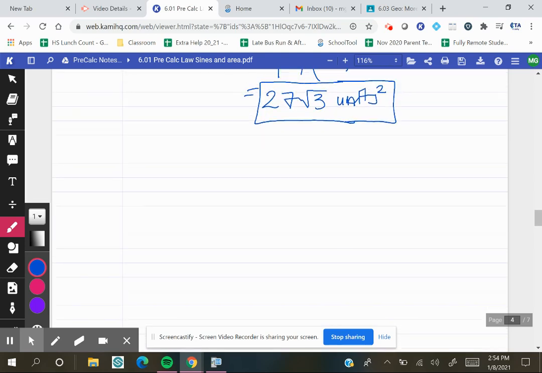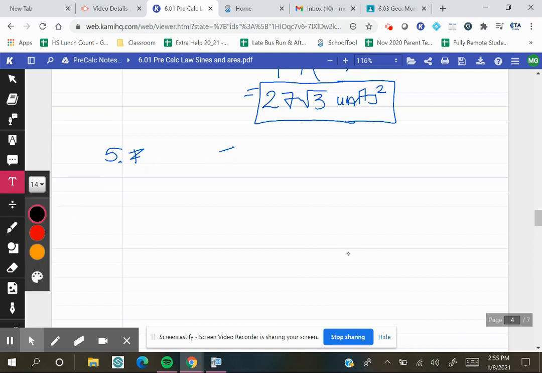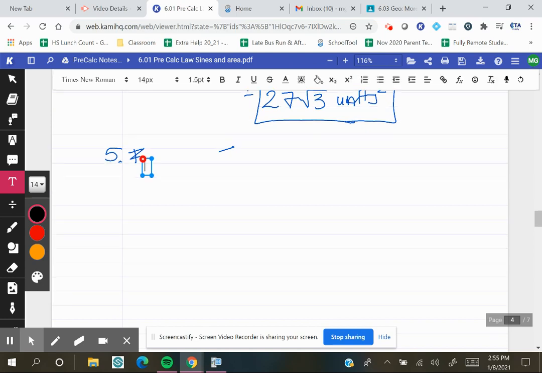All right, let's look at one more. So find the area. Okay, I'm going to try and type this because this is getting really hard to read. Find the area of triangle CLV if the measure of angle L equals 80 degrees.